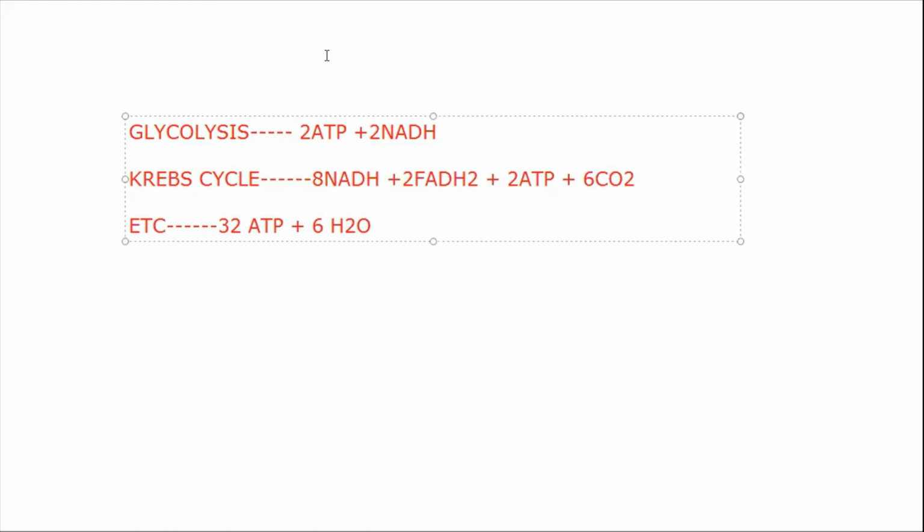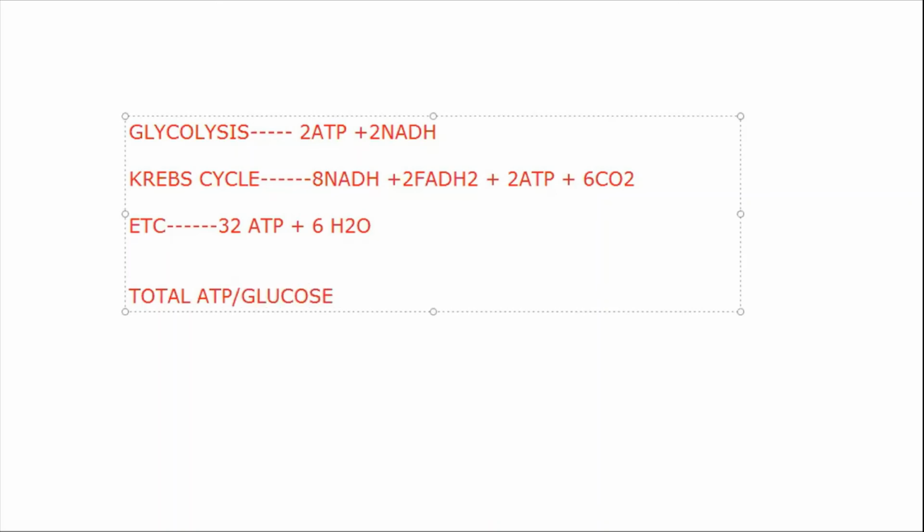So, total ATP per glucose equals 36 ATP molecules. That means each glucose will yield 36 ATP molecules.